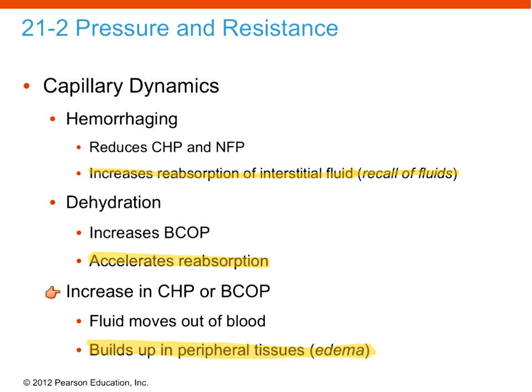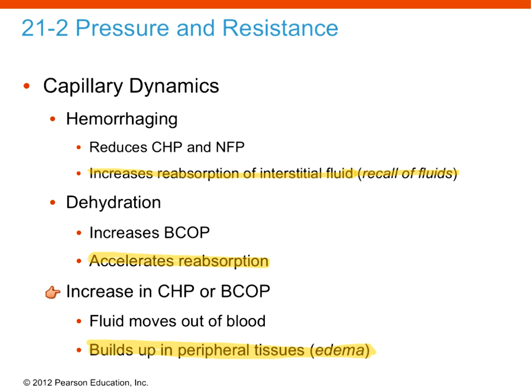If we have increases in capillary hydrostatic pressure or blood colloid osmotic pressure, fluid moves out of the blood, and what can happen there is a buildup of fluid in the surrounding tissues, which we call edema. There are so many things that could cause edema. It could be something as simple as too much ion uptake, or too little ion uptake.